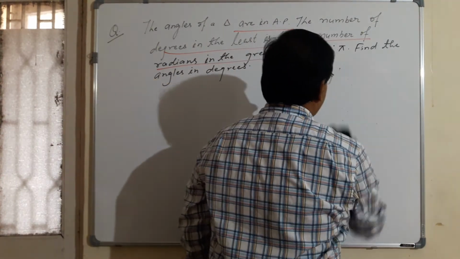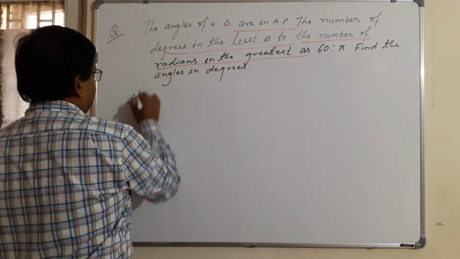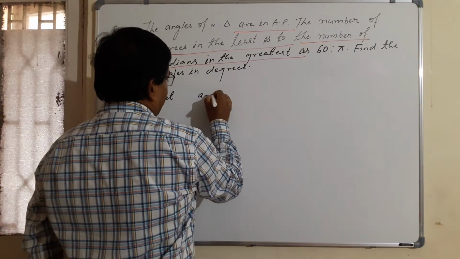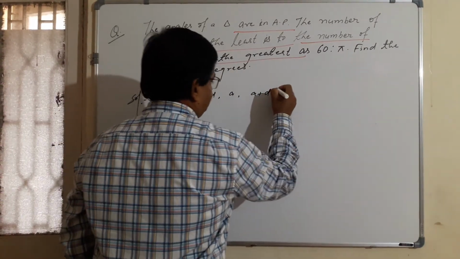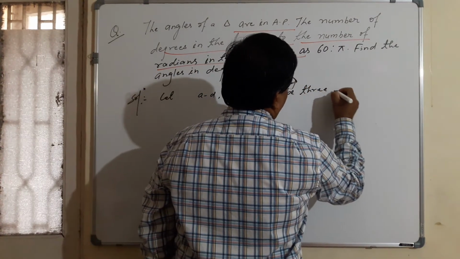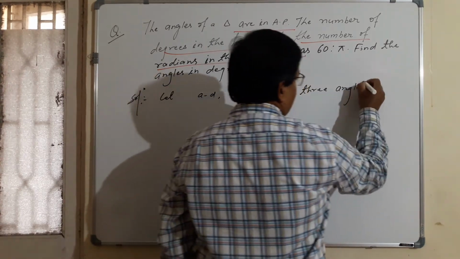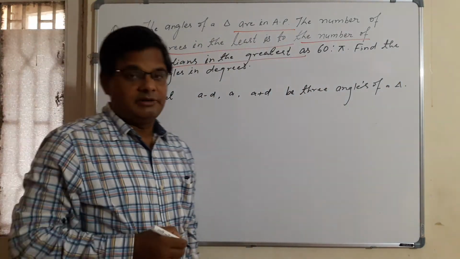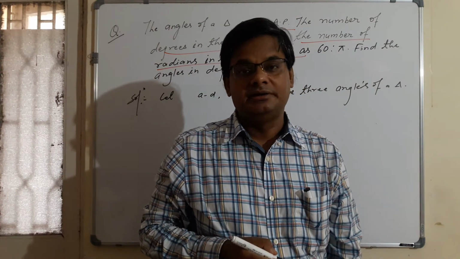So let the three angles of a triangle be A minus D, A, A plus D. We know that the sum of three angles of a triangle is equal to 180 degree.